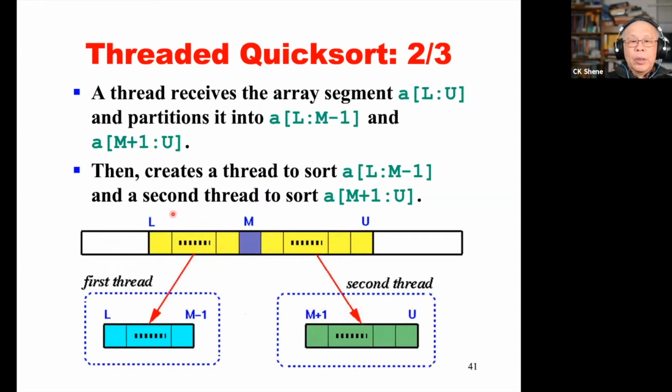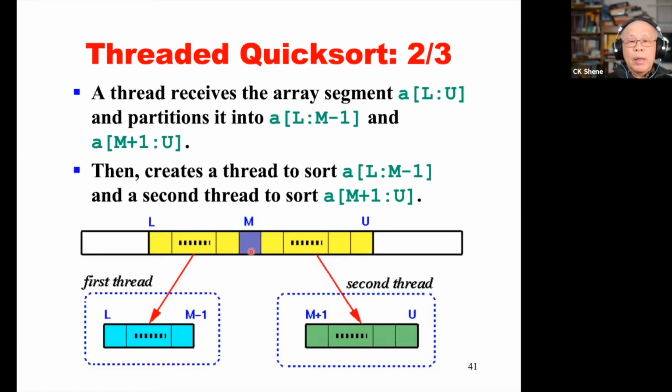A recursive quicksort receives lower bound to upper bound. The partition procedure, I'm not sure whether you learned the partition procedure or not. Some data structure books would provide you with a very elegant partition procedure rather than the original partition procedure offered by Tony Hoare, the one who invented Quicksort.